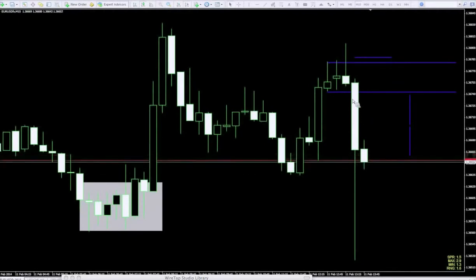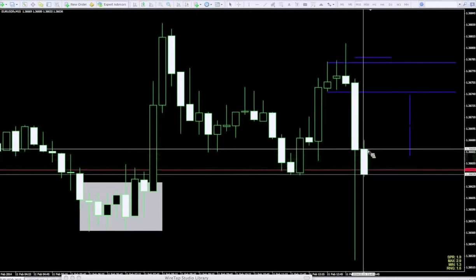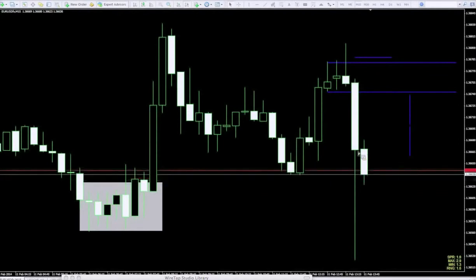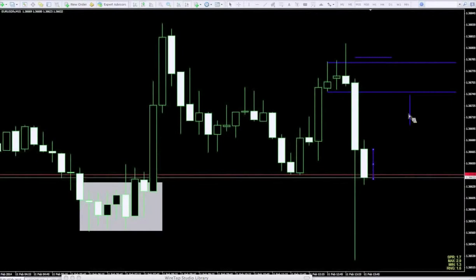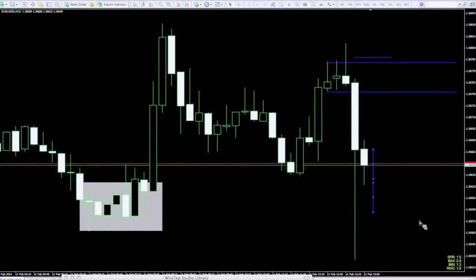More conservative traders would have entered this trade at the open of this candle, now that we have this candle having closed below the trap. All right, so they would enter at the open of this, and I'll move this over here. And then I'll move this down here, and they would be looking for a take profit down here.